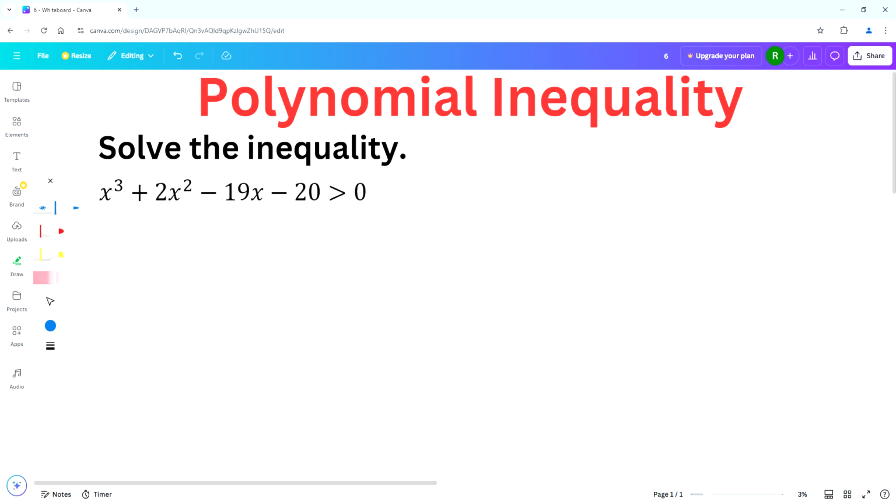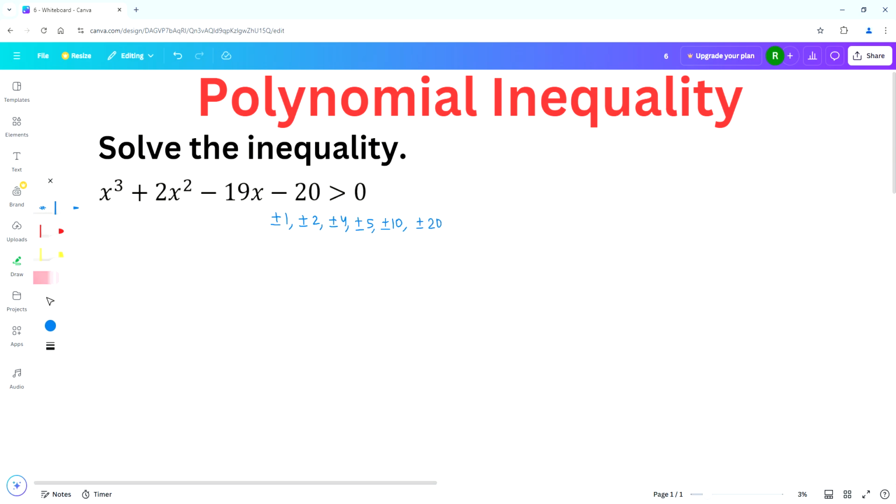The factors of -20 are plus minus 1, plus minus 2, plus minus 4, plus minus 5, plus minus 10, and plus minus 20.